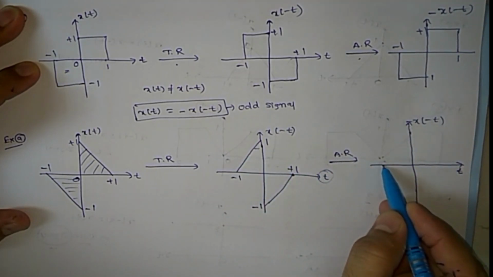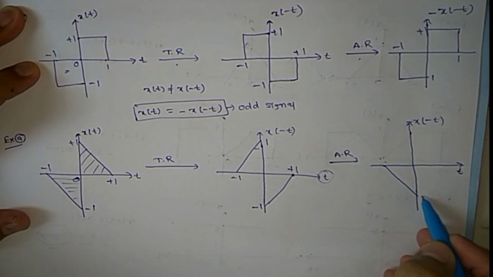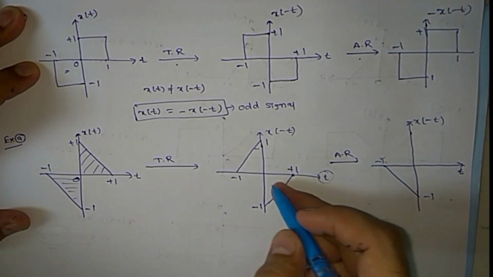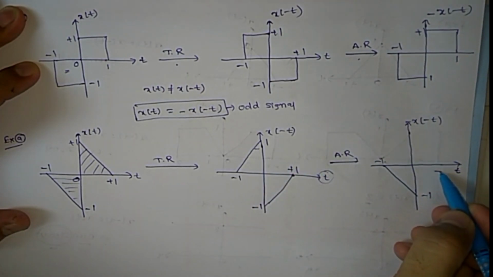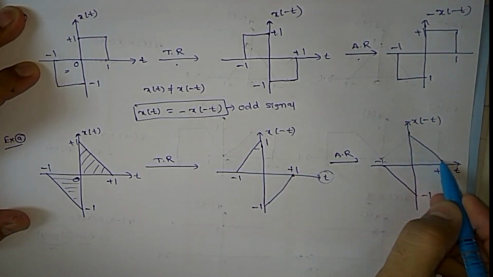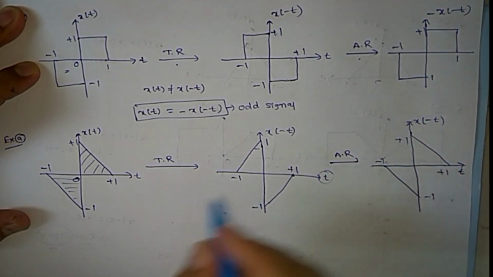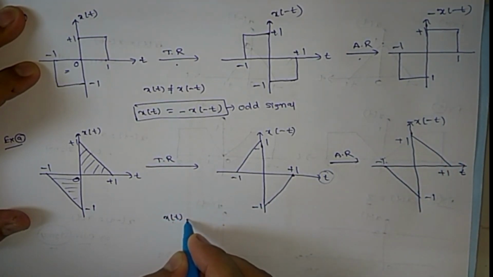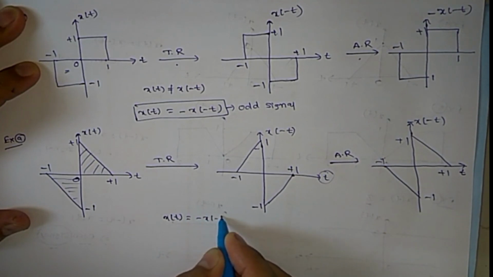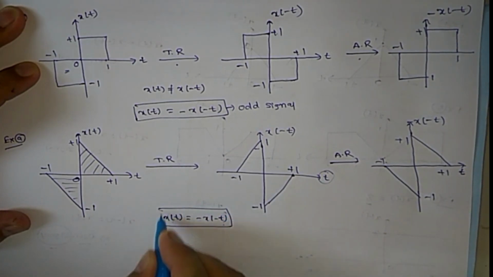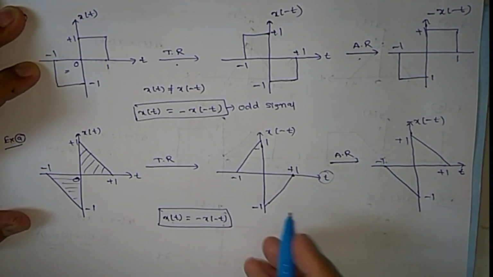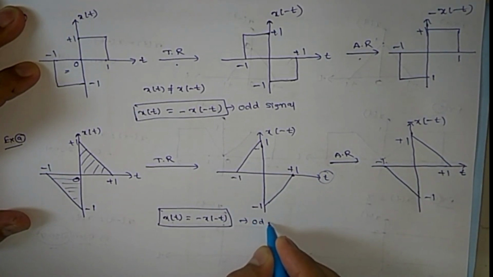So this is coming downside, and this signal is going upside. See, x of t is equal to minus x of minus t. Both signals are the same, right? This one and this one are the same. So this signal is an odd signal.